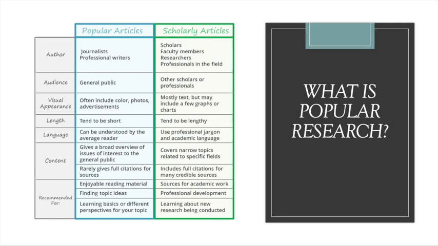The content of popular articles usually gives a broad overview of issues of interest to the general public, but it also does provide evidence to support the argument or assertion in the article. Usually in popular articles, you will not see a work cited or full citations given.